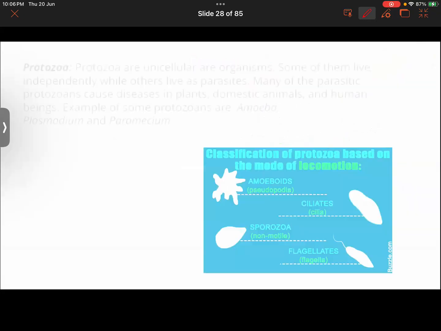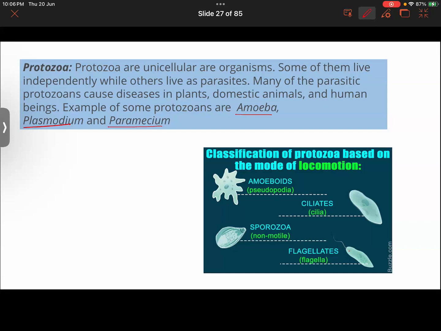So you should know that the word protozoa literally means the first animal. Getting it, guys? The first animal, right?